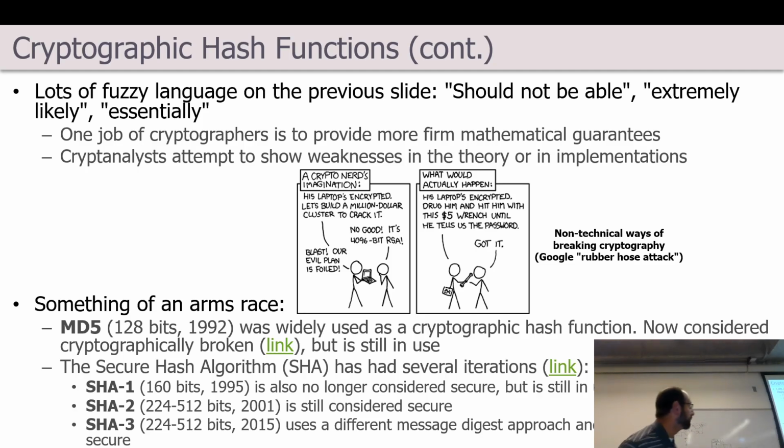I don't know how well you'll be able to read that joke there. This is a very well-known XKCD about the issue. If you can't read it, he says, in a crypto nerd's imagination, his laptop's encrypted, let's build a $1 million cluster to crack it. No good, it's 4096-bit RSA. And then what would actually happen in practice is you hit him with this $5 wrench until he tells us the password.